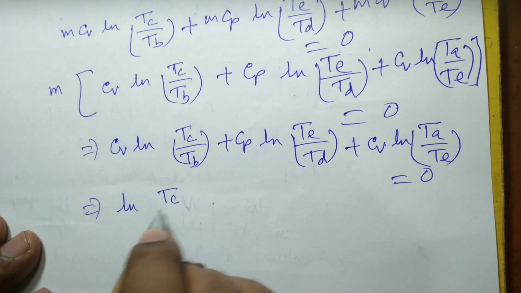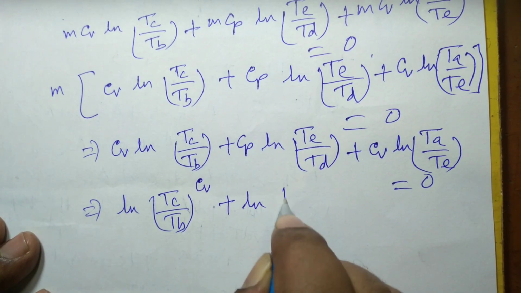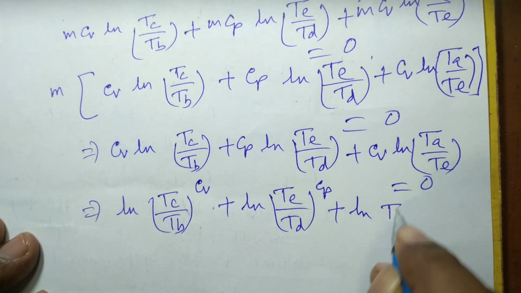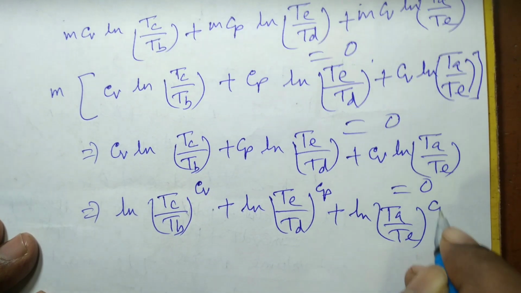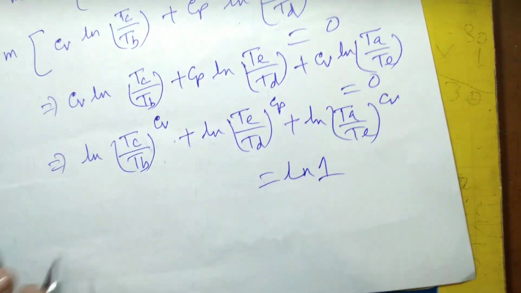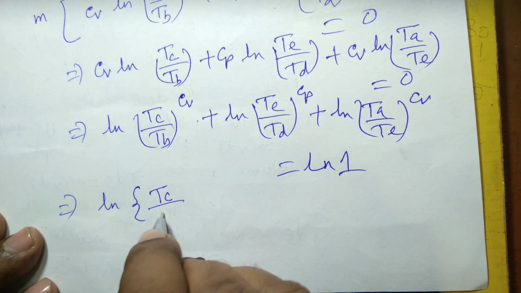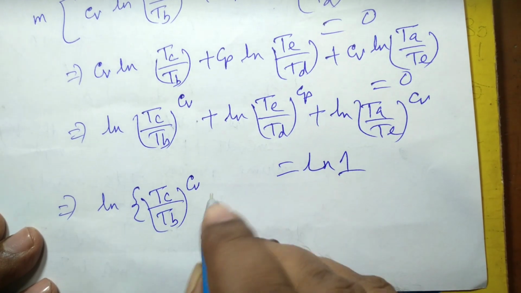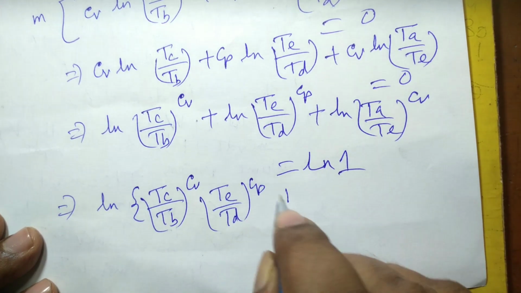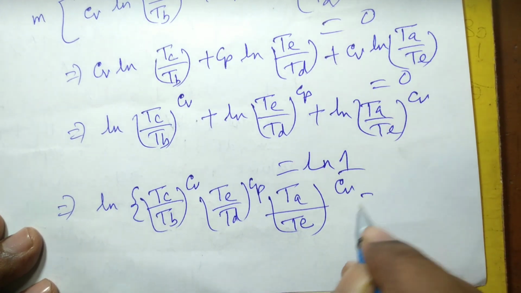ln of TC upon TB to the power Cv plus ln of TE upon TD to the power Cp plus ln of TA upon TE to the power Cv equal to ln 1. 0 is nothing but ln 1, which implies ln of TC upon TB to the power Cv, TE upon TD to the power Cp, TA upon TE to the power Cv is equal to 1.